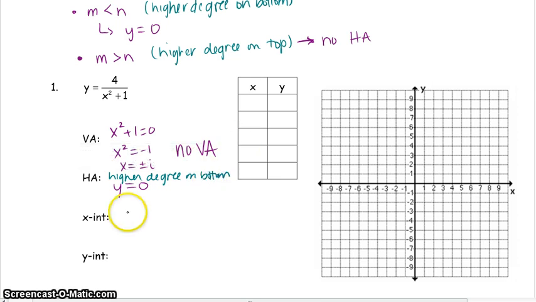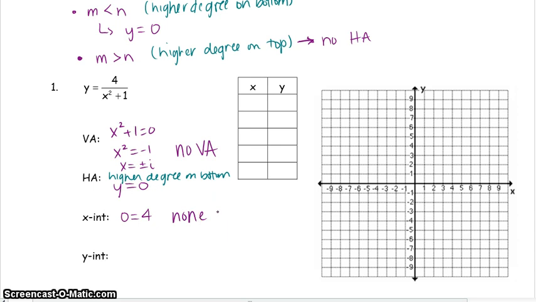Okay. Then to find our x-intercepts, we just need to set our y equal to 0. So we're setting essentially our 0 equal to our numerator, which is 4. If we get an untrue statement here, that means we don't have any x-intercepts.